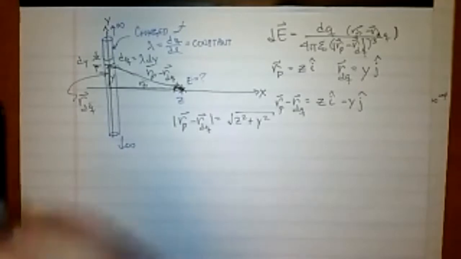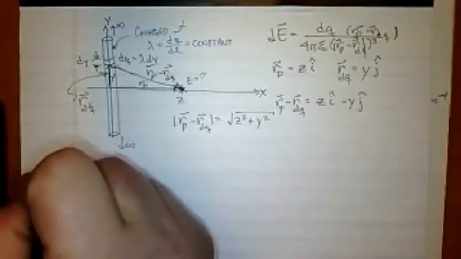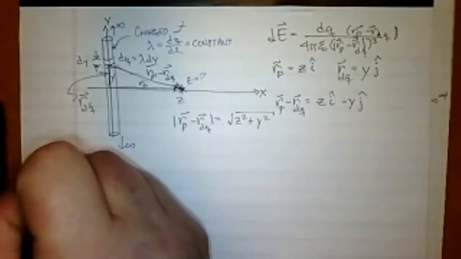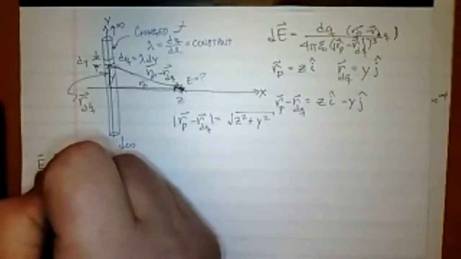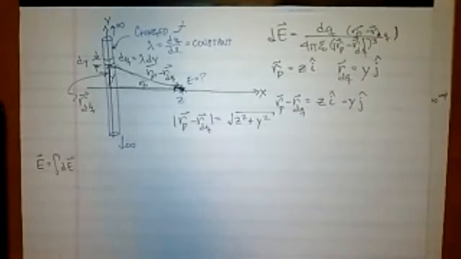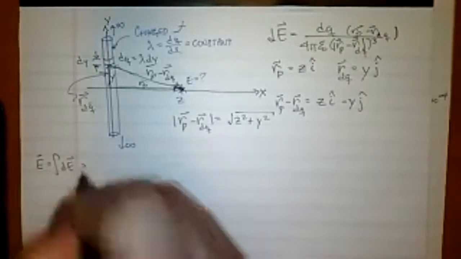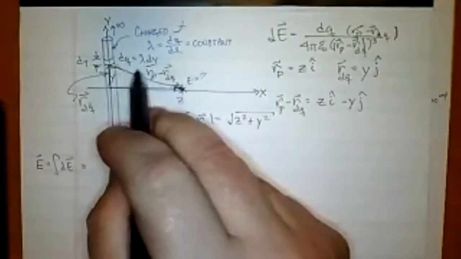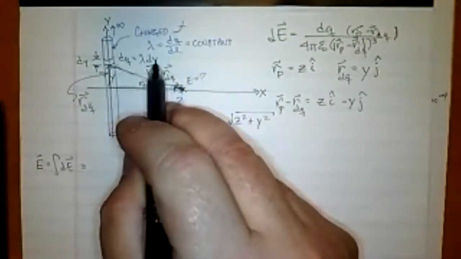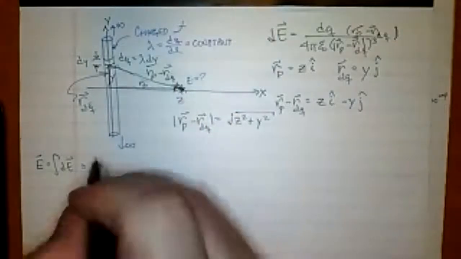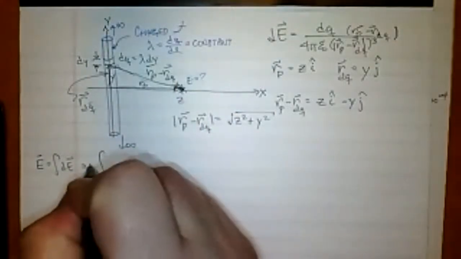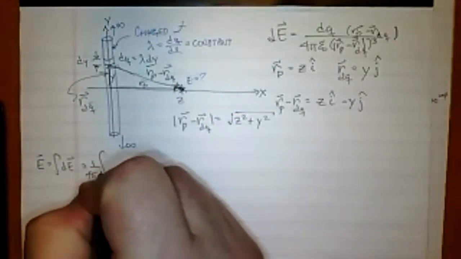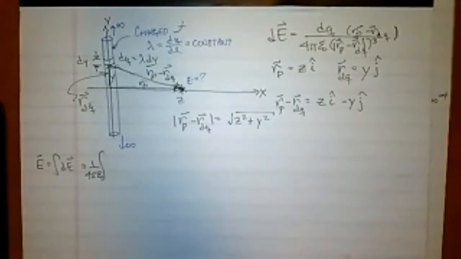Okay. So believe it or not, we're actually ready to integrate now. So E is going to equal the integral of dE, which is going to equal, notice we've already said what dq is. dq is lambda dy. So I can take the integral, 1 over 4 pi epsilon naught, putting that out in front.